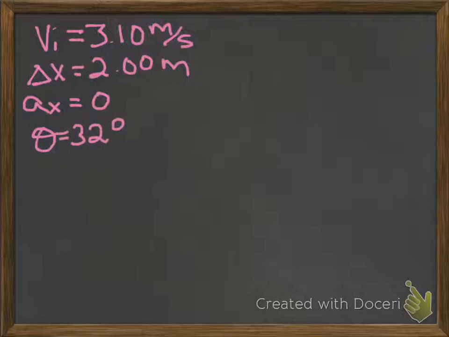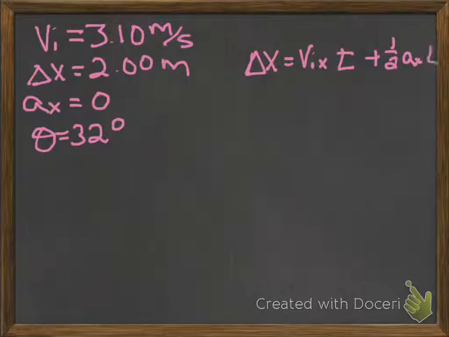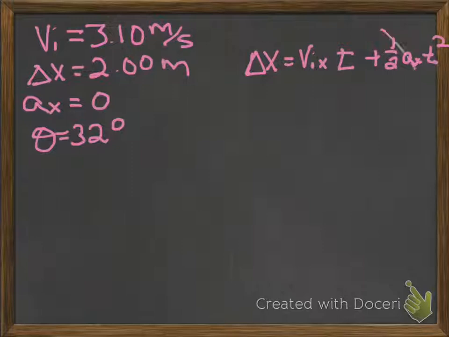This is all the information we need to solve for the time, because in the x direction we need vix times time plus 1/2 ax t squared, which this part here is 0. So the only thing we really need in order to solve for time is this vix. We can easily do that by using our component vectors.